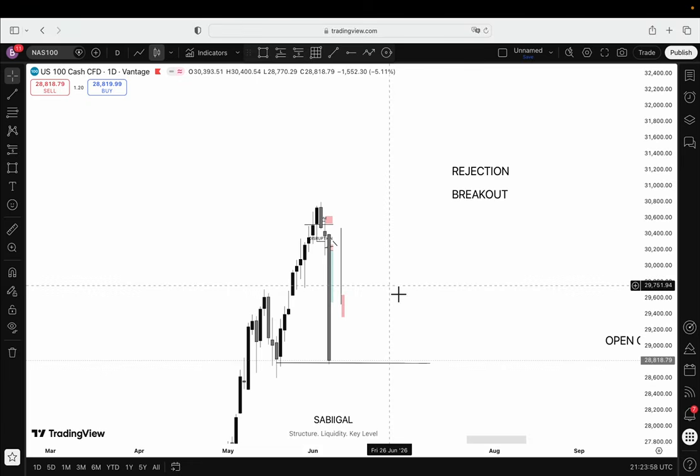I'm going to say the definition of the open close again so you can write it or just listen. The open close key level consists of two candles that are of the same direction.